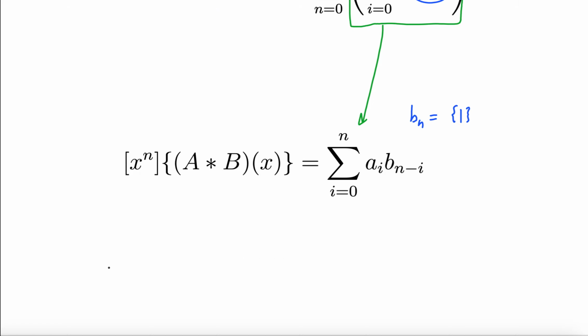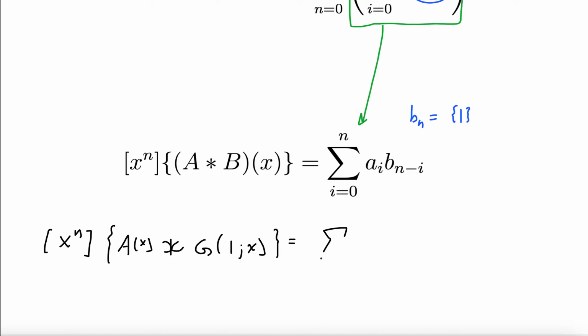Well, then the coefficient of the x to the nth term in this generating function, a of x convolved with the generating function encoding the 1 sequence, we get simply the sum as i goes from 0 to n of a sub i times 1, which is just a sub i.